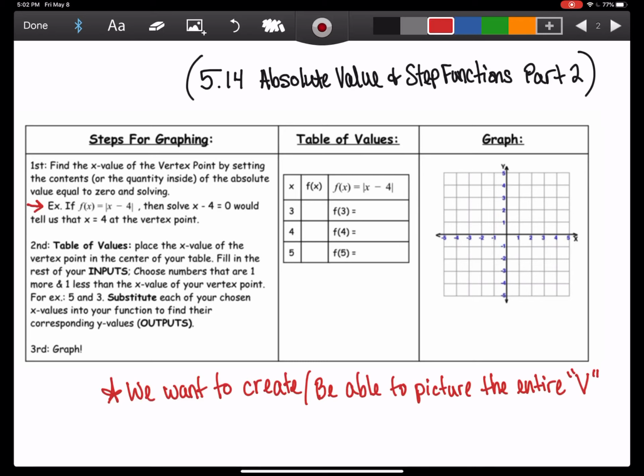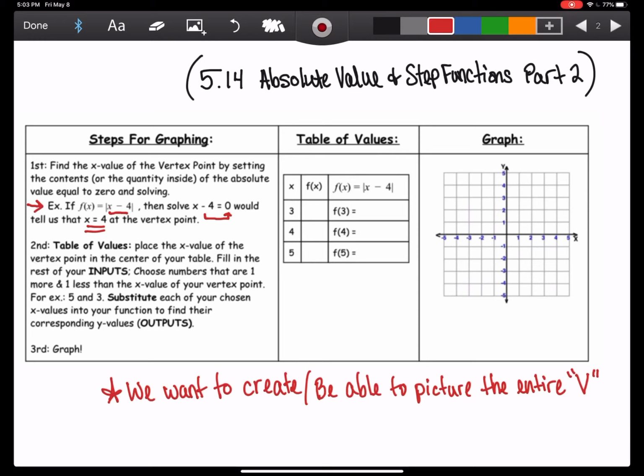If your function f of x equals the absolute value of x minus 4, take the contents, the x minus 4 part, and set it equal to 0. That means create an equation that's equal to 0. Once you do that, you solve it, you add 4 to both sides, and you end up with x equals 4.